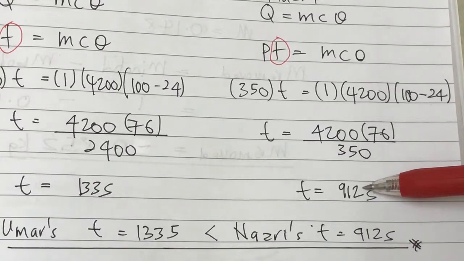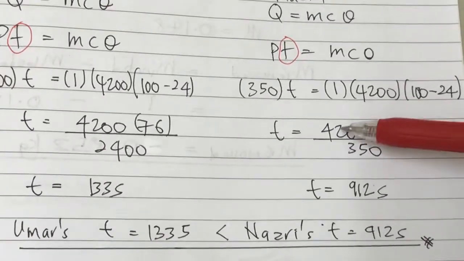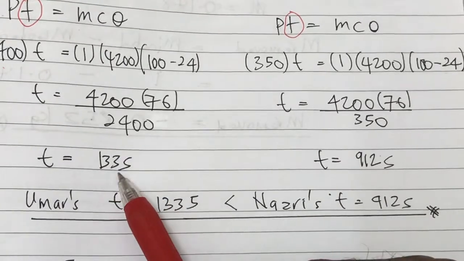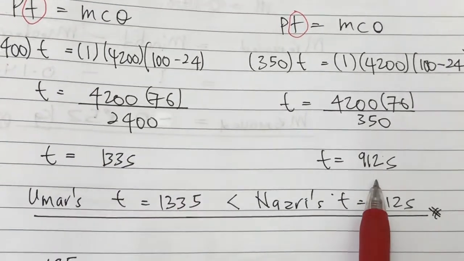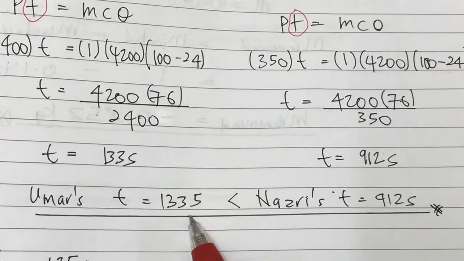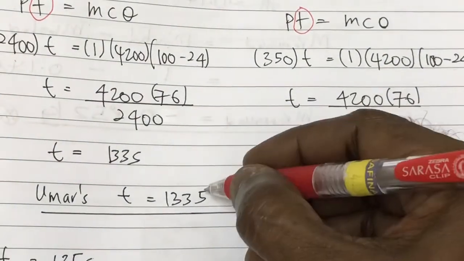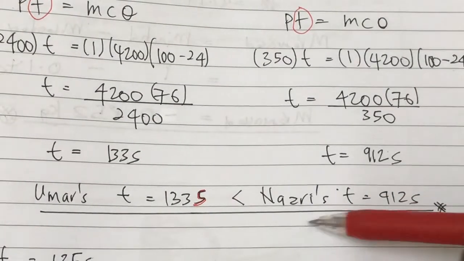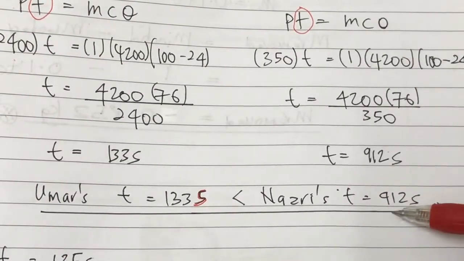There are other ways of doing this calculation by cancellation. So Omar's time of 133 second is smaller than Nazri's time of 912 second.